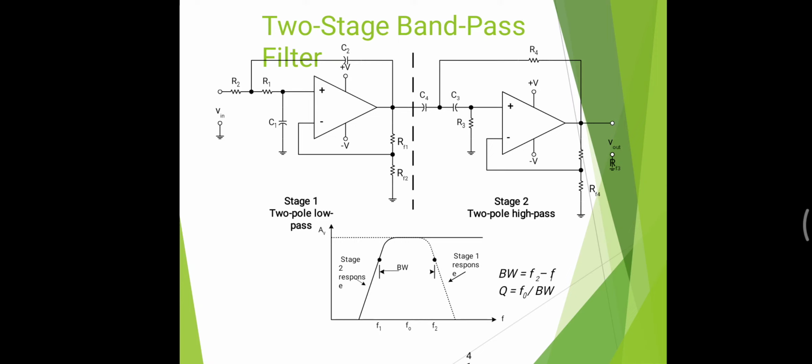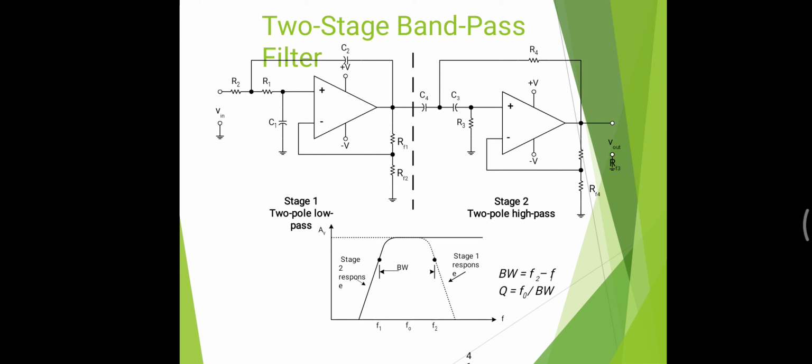Likewise there are two stages, one on the right and one on the left. Stage 1 is a 2 pole low pass and stage 2 is a 2 pole high pass. With this we get the frequency characteristic curve as shown in this slide.